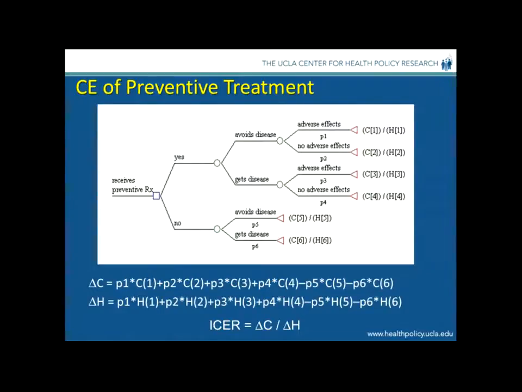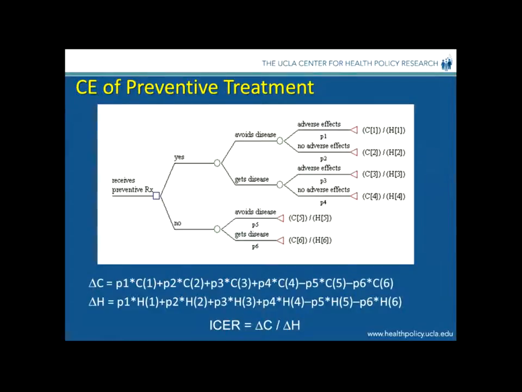Those are called terminal nodes in the jargon. Each of those terminal nodes could potentially be further subdivided. The adverse effects, for example, could be multiple adverse effects, some of which are less horrible than others. So you get the idea.